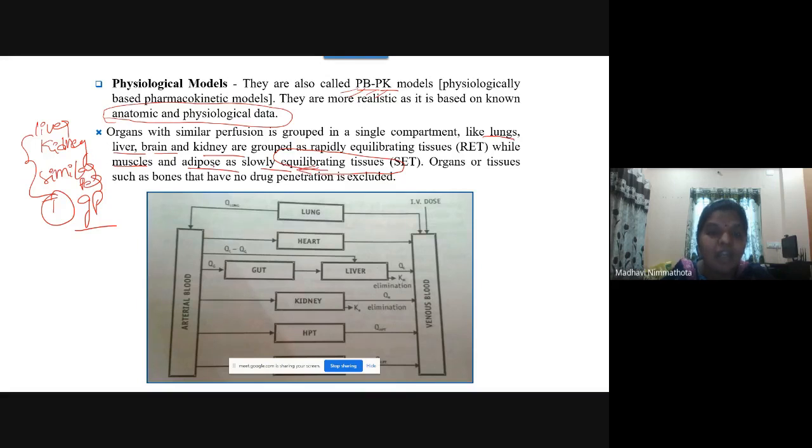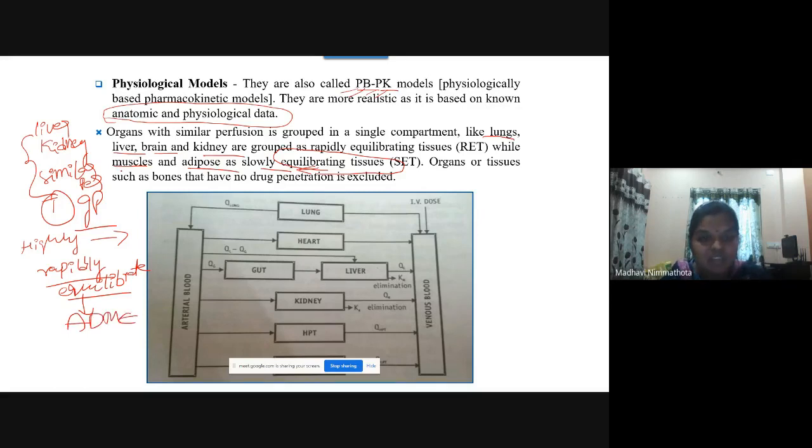When organs or tissues show high perfusion, they equilibrate rapidly with the ADME processes. In such cases, muscles and adipose tissues are slowly equilibrating tissues, called SET.